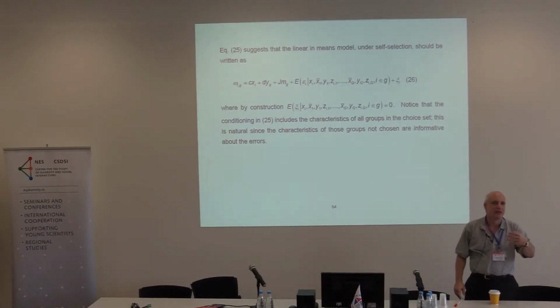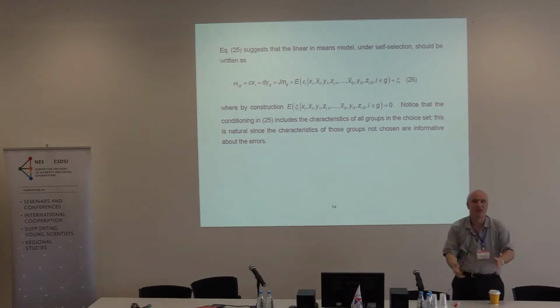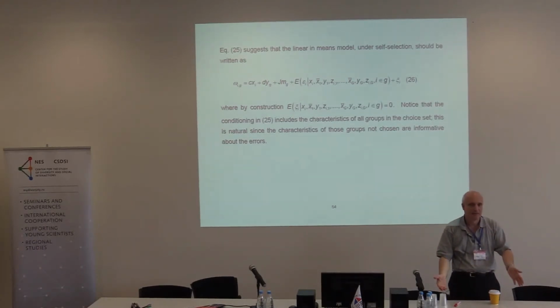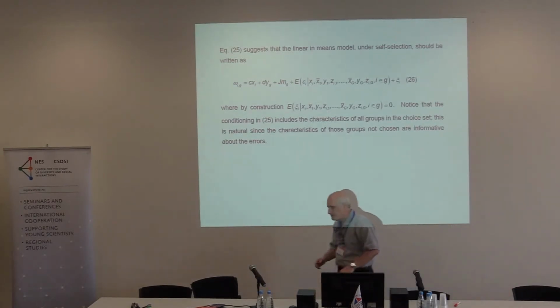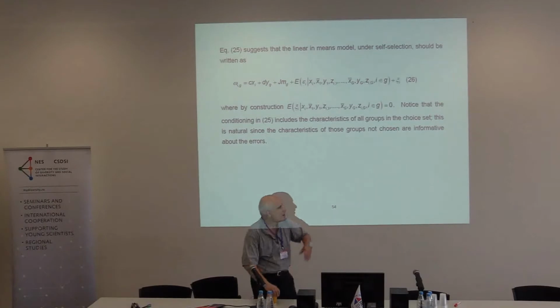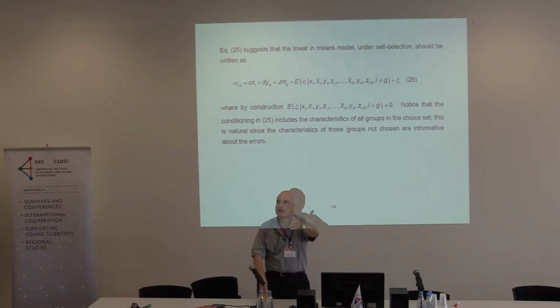But before I go on, does everyone see that when I introduce self-selection, what I'm saying is, if I know the values of the x's, the y's, and the m's in each of the neighborhoods, the conditional value of epsilon in a given neighborhood is no longer 0? And this very ungainly expression is the conditional value of the error. Okay. So from this vantage point, you can see that the identification problem is very simple: part of the unobserved heterogeneity has a non-zero expectation.